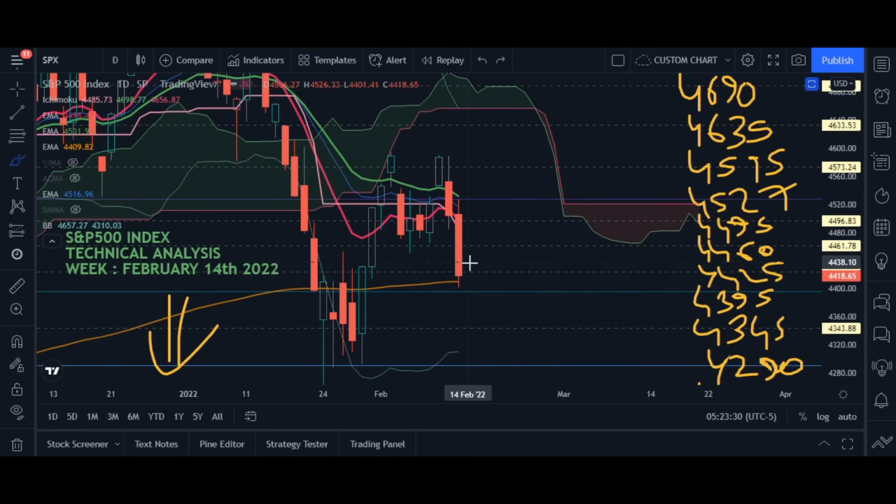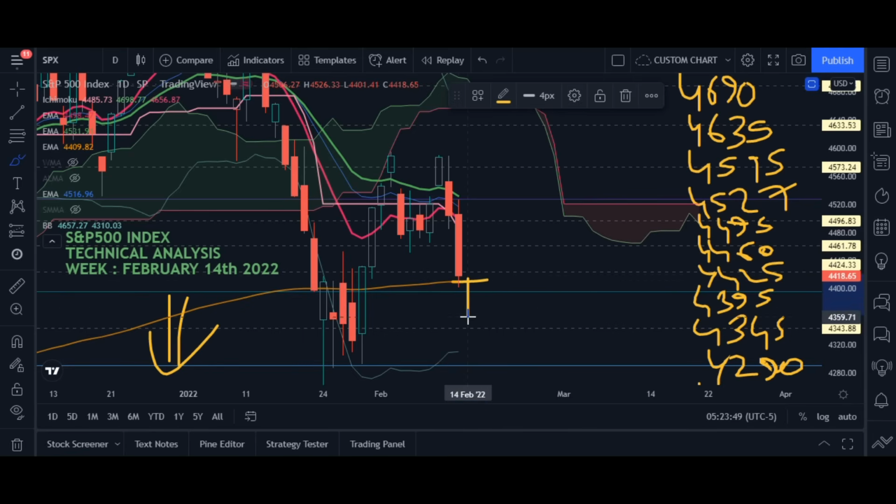This 200-day moving average will remain here, it is not going anywhere. So it will be around 4,410 or 4,405 or so.